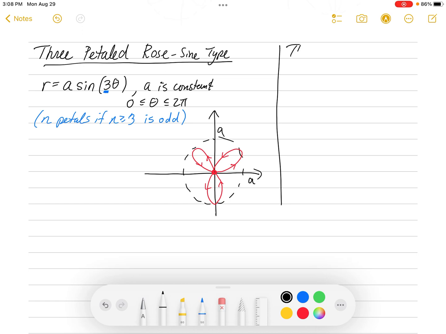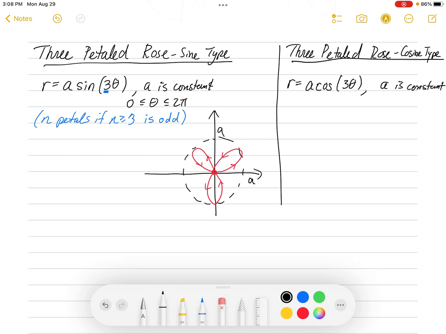The 3-petaled cosine rose is what we want to do next. If I take a times cosine of 3 theta, a is a constant, and the angle is between 0 and 2 pi.